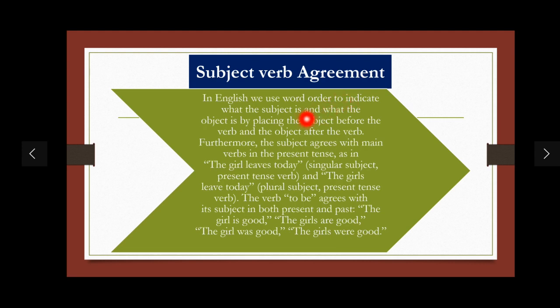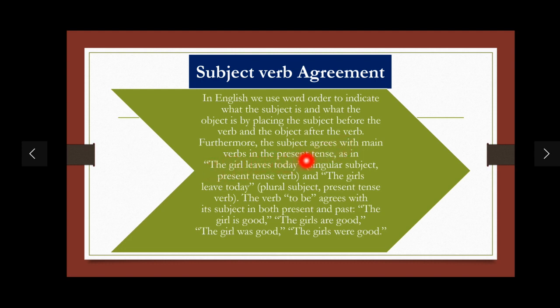Let's discuss it. In English, we use word order to indicate what the subject is and what the object is, by placing the subject before the verb and the object after the verb. Not in all languages. But in English, we recognize the subject because it comes before the verb, and we recognize the object as it comes after the verb.